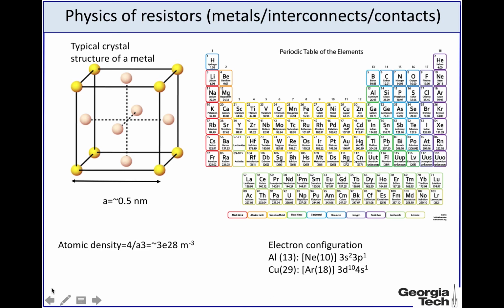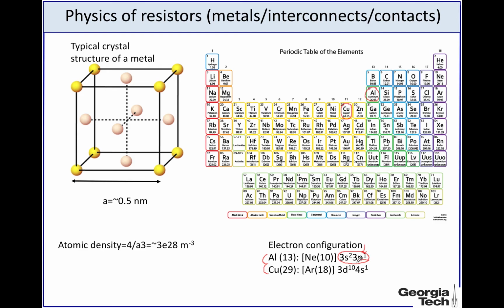All right. So now let's look at what are the typical materials that are used as metal. Two popular materials that are used as metals in semiconductor technology are aluminum and copper. Aluminum is a group 3 material over here, and copper is a transition metal which is over here in the periodic table. The most important thing is that aluminum has 3 electrons in the outermost shell, and these 3 electrons participate in the conduction.